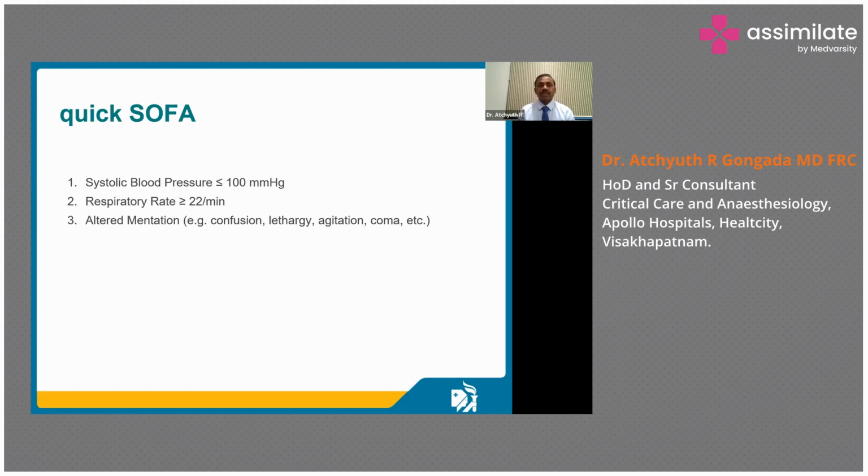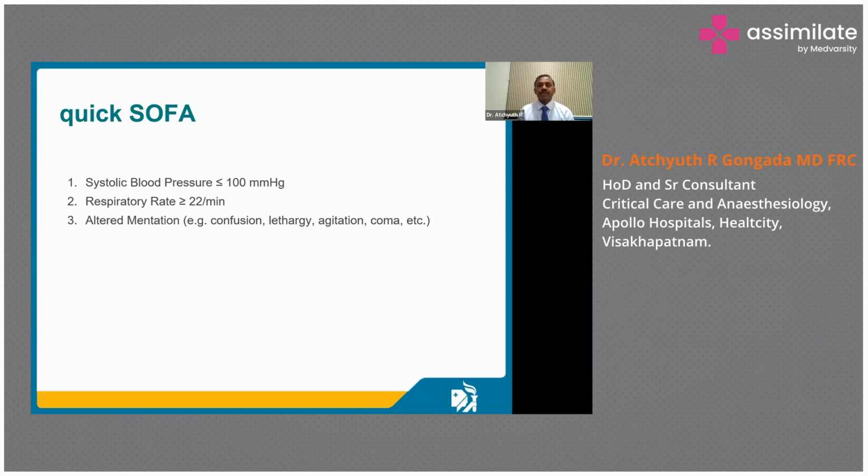In villages and smaller towns, all these parameters may not be able to be tested. So a quick SOFA scoring system is designed, which involves 3 parameters that are easy to assess, and we get some idea about the severity of disease or which direction your patient is going.